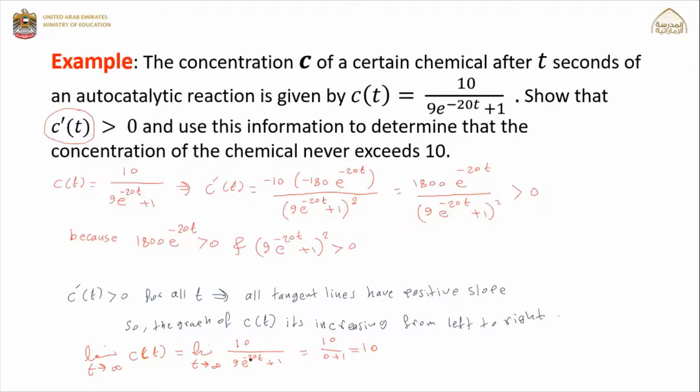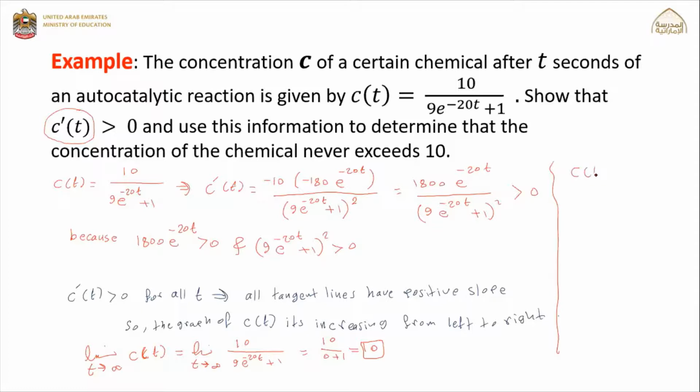Because e to the power negative 20 times infinity, e to the power negative infinity, will be 0. 0 times 9 is 0, 0 plus 1 will be 1, so 10 over 1 will be 10. So this function C(t) is an increasing function, and the limit when t approaches infinity will be 10. That means C(t), the concentration of the chemical, never exceeds 10.